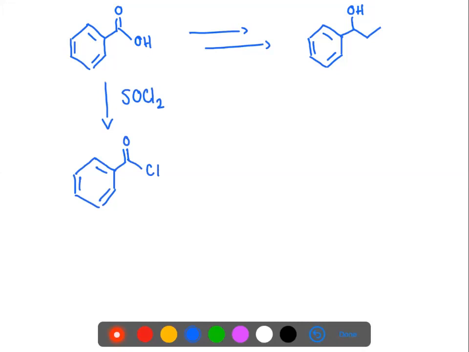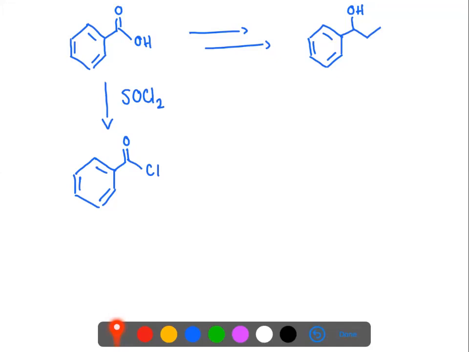Now, this particular compound, the acid chloride, we can reduce to the alcohol, but that's not going to help us with the addition of at least 2 carbons to our skeleton. So it's best to be starting to think about carbon-carbon bond-forming reactions that would work well with this particular carboxylic acid derivative.